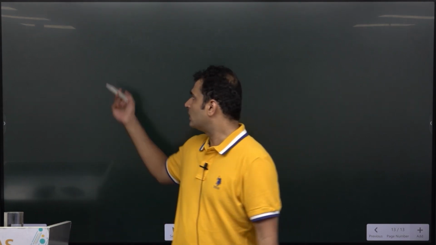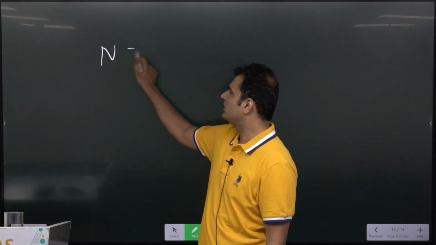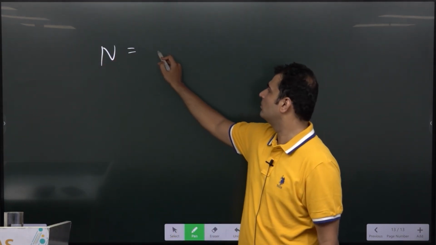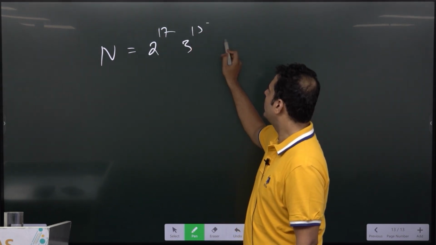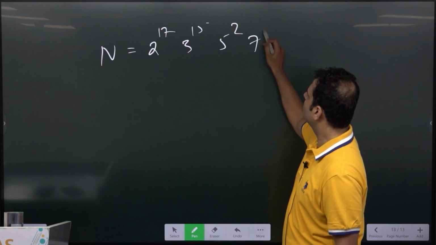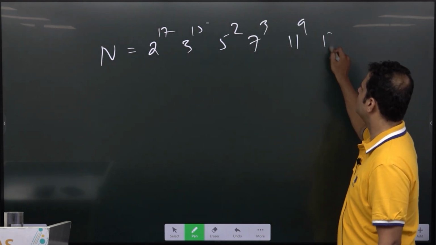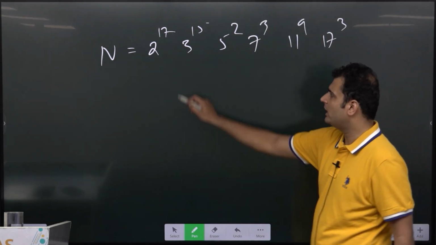So let me write any number. N is a number which is like this: 2 raised to 17, 3 raised to 15, and some 5 square, 7 cube, 11 raised to 9, and 17. Something. This is some number, and this is multiplication.